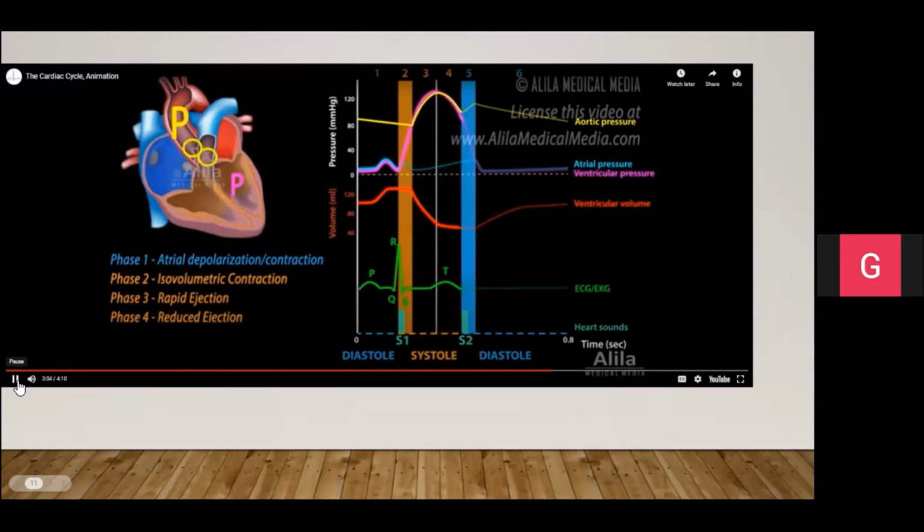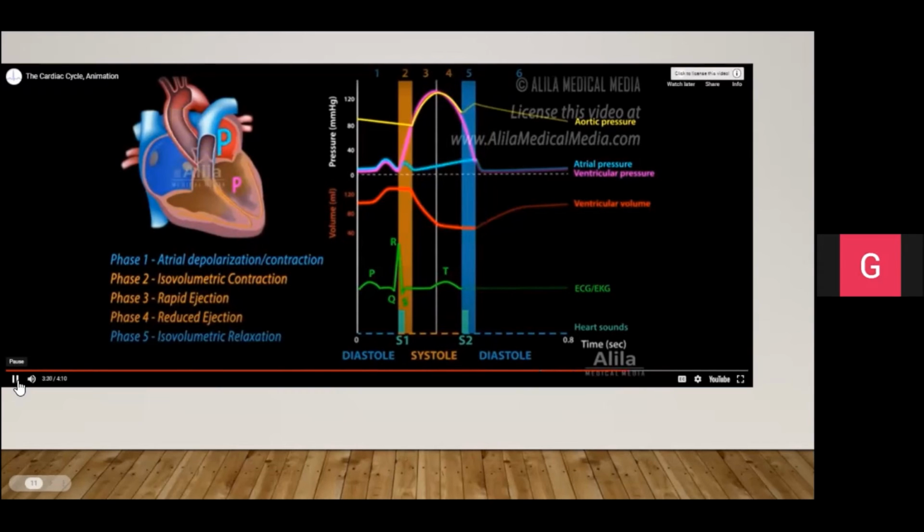Closure of semilunar valves produces the second heart sound, S2. The first part of diastole is, again, isovolumetric, as the ventricles relax with all valves closed. Ventricular pressure drops rapidly, but their volumes remain unchanged. Meanwhile, the atria are being filled with blood and atrial pressures rise slowly.